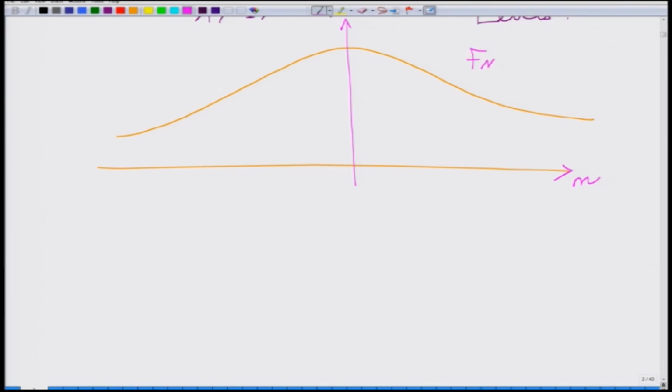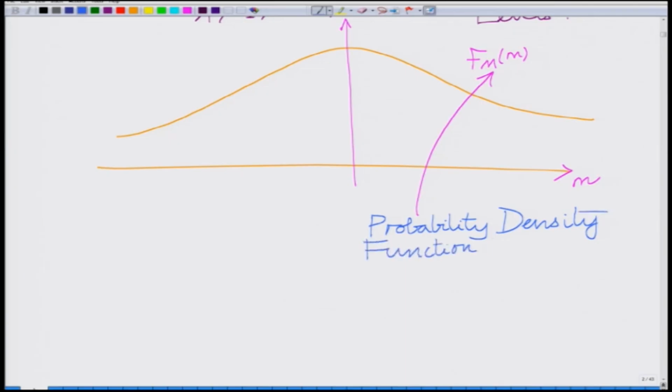This is your f of m, which is your probability density function. We have to start with the probability density function, PDF, of the signal sample m.